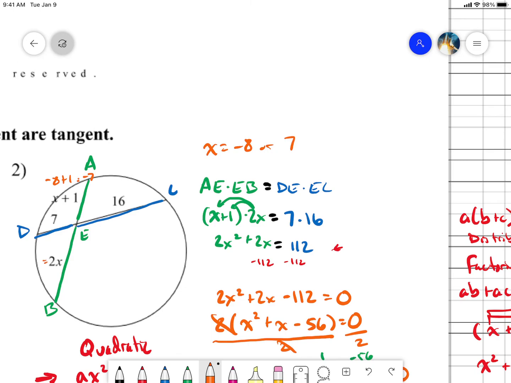Likewise, this becomes 2 times negative 8, which is equal to negative 16. So negative 8 in this case will make these two segments negative values, which is not possible. So we cannot use that. Okay? Can x be negative in some cases? Yes, absolutely. But you have to check, because if it makes the segment negative, then you can't use it. Okay?